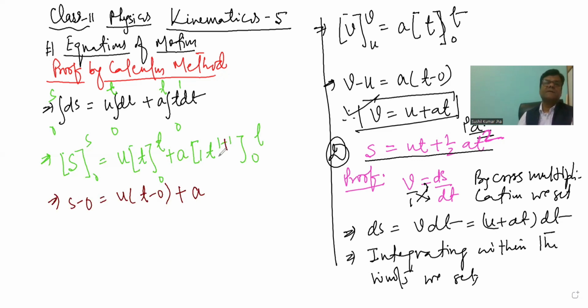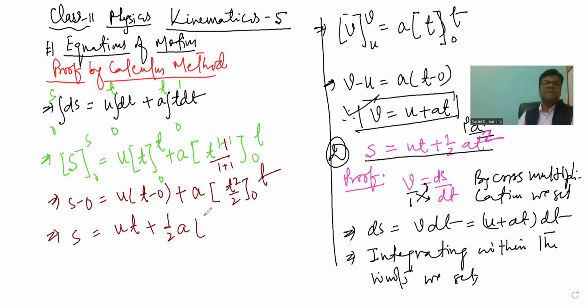So it will be added 1, 1 plus 1 divided by 1 plus 1, and it becomes a, and then t square by 2, 0 to t, which means s is equal to ut plus half a, and then within the bracket t square minus 0 square, and therefore it becomes s is equal to ut plus half at square.